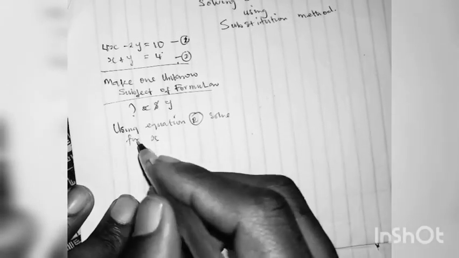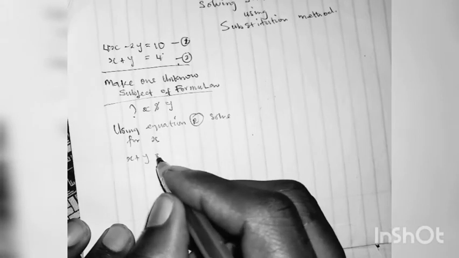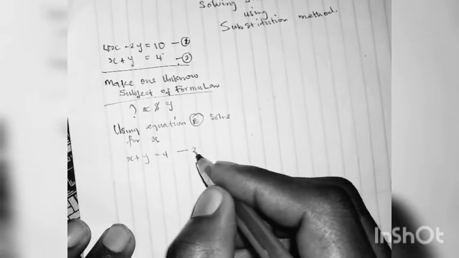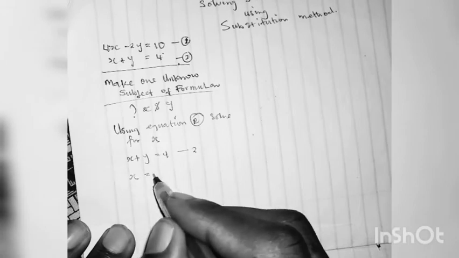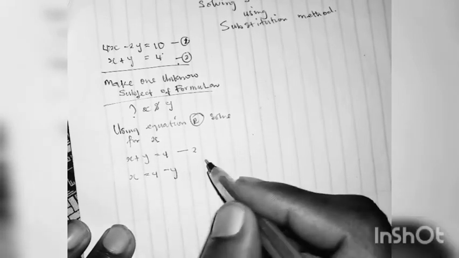We have x plus y equals 4, which is equation 2, right? So we say x equals 4 minus y.